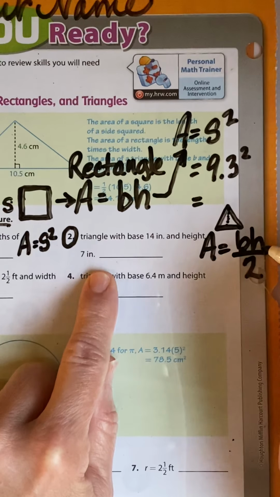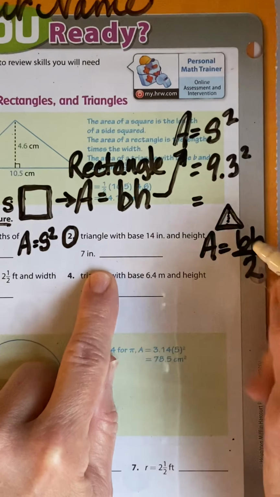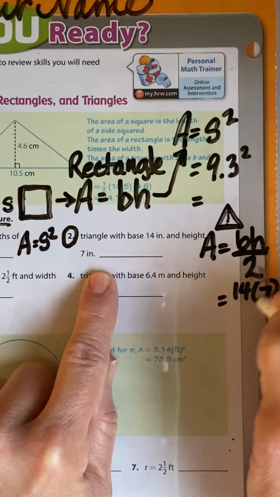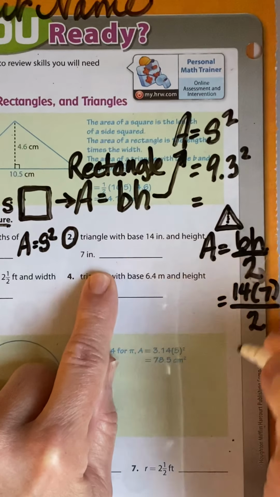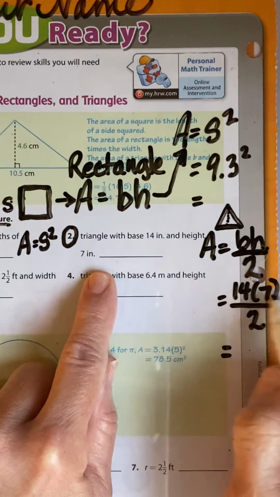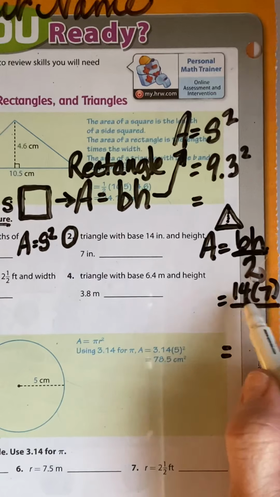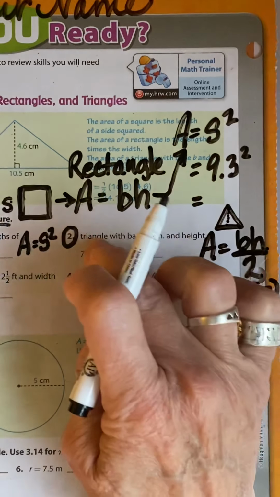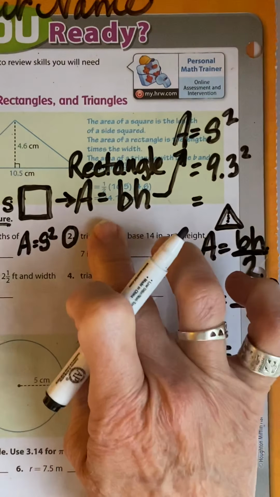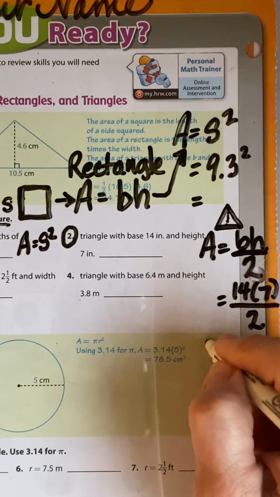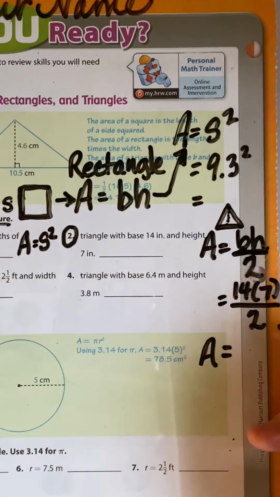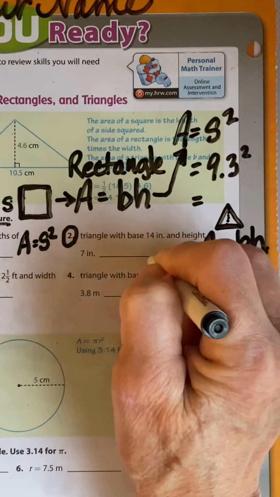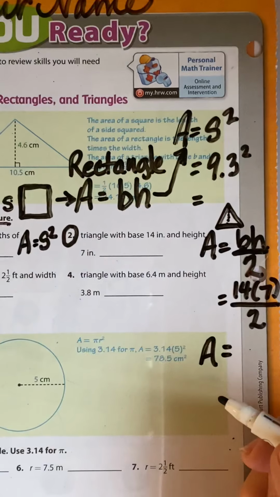Height, 7. 14 times 7, and then divide it all by 2. I'm going to get you to work those on your calculator. 14 times 7 divided by 2 for area of number 2. A triangle and the final area. And don't forget your units are squared, like this one would be inches squared.